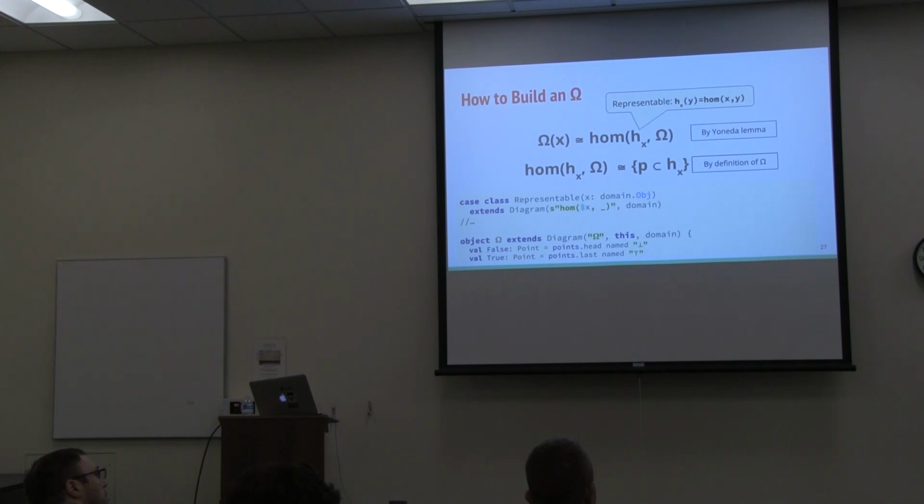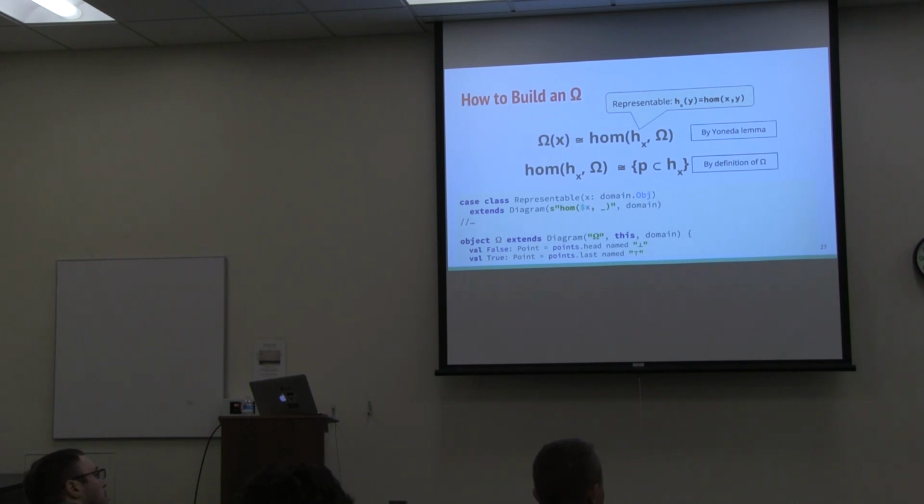We are in the category Set to the power of C. Now omega is a diagram, that is a functor. HX is a functor, a representable functor.